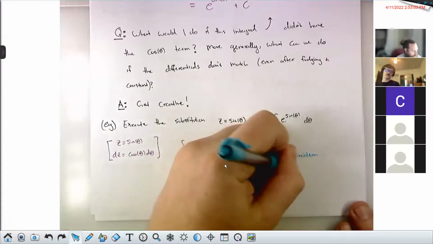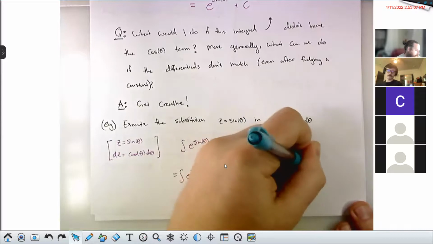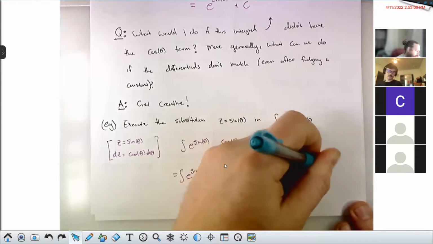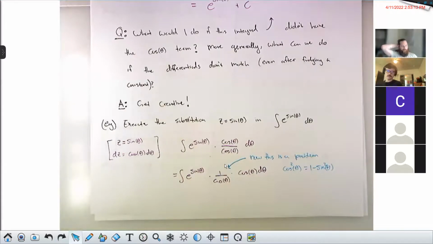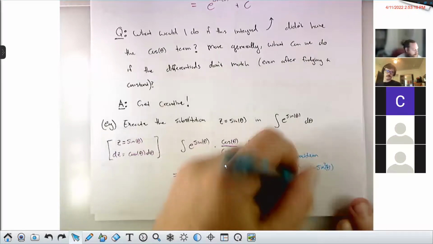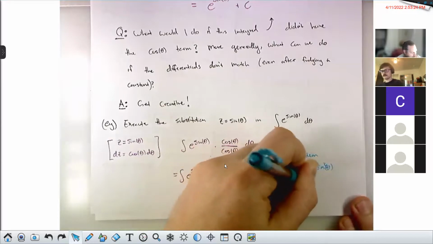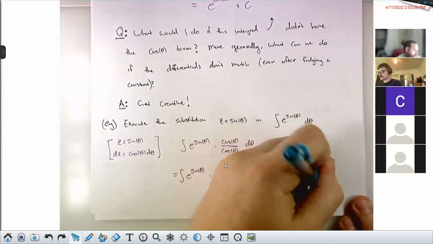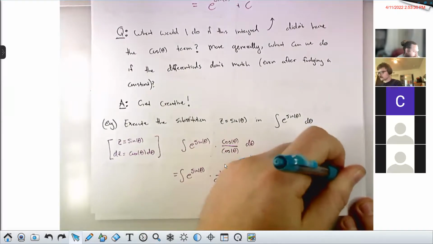But we do have this identity, which means cos theta can be written as the square root of 1 minus sine squared theta.